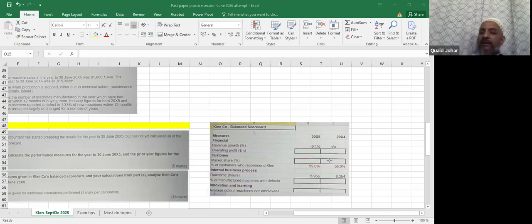let's calculate these figures. So I have displayed some workings down there on this Excel sheet to save some time.